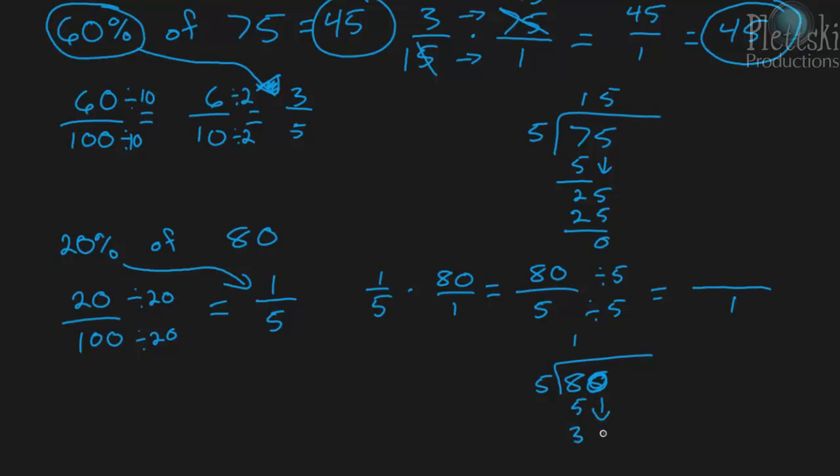Bring down the 0, and 5 goes into 30 6 times. 6 times 5 is 30. 30 minus 30 is 0, so you don't have a remainder. So your numerator is going to be 16. 80 divided by 5 is 16, and 16 over 1 is the same thing as 16. So that's our answer: 20% of 80 is 16. And that's all you have to do to take a percentage of a number.